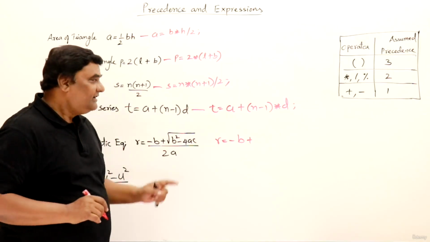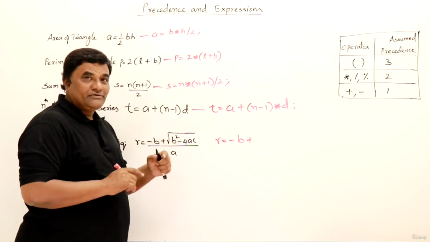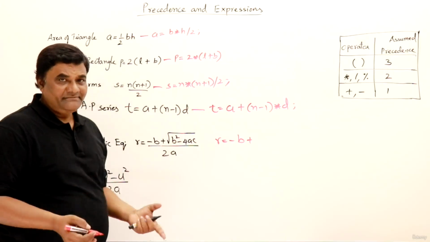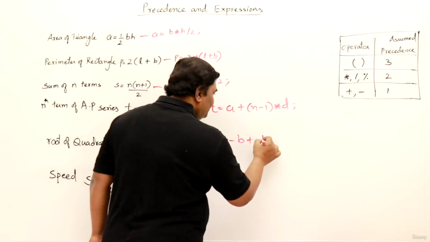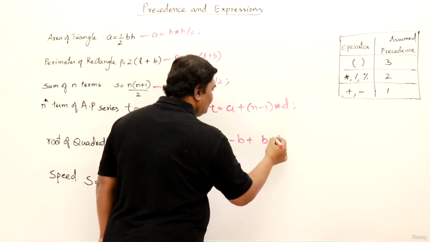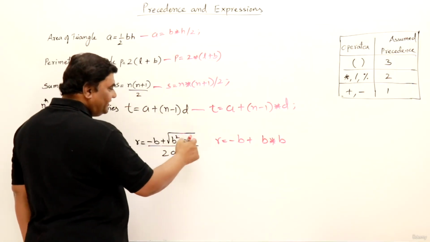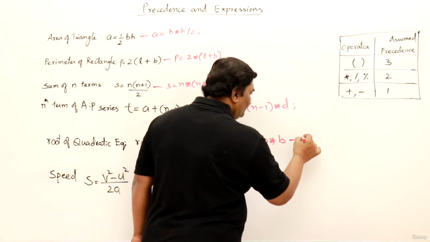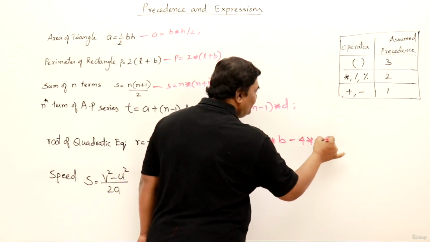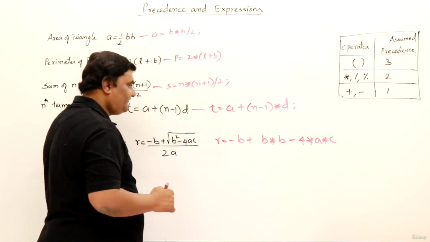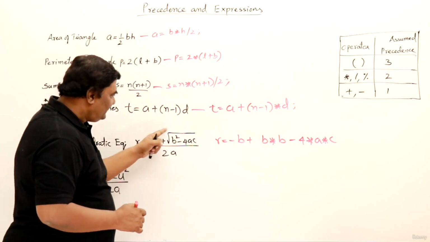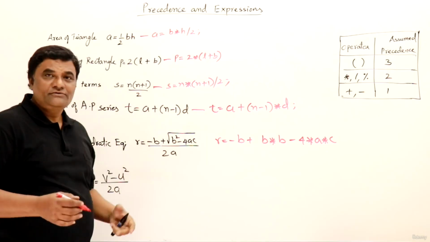I'll show you afterwards. So I will write B square as B into B. That's the simple method. Then minus 4 into A into C. Yes, this is perfect.